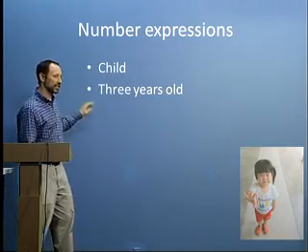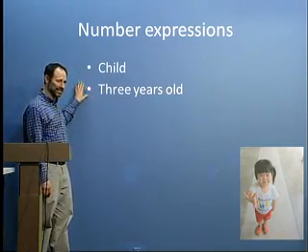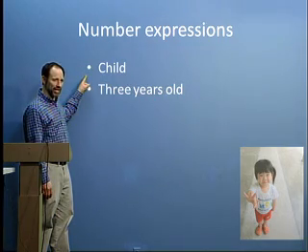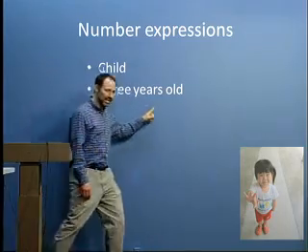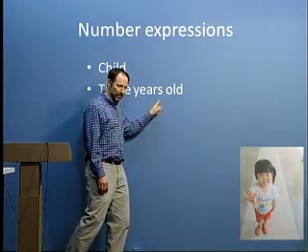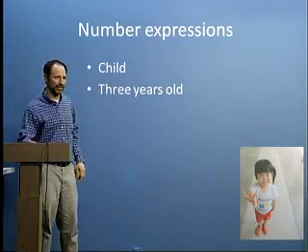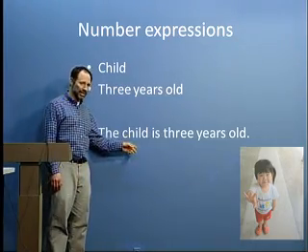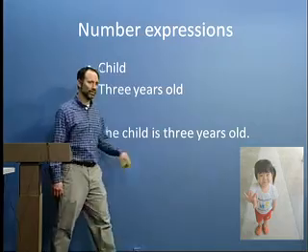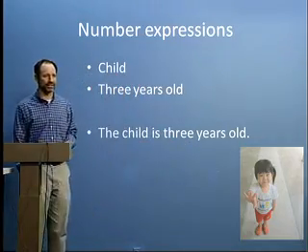One more expression, and this one is especially tricky. Say we have this child here, and this child is 3 years old. "3 years old." That is plural. There's 3 years. So the child is 3 years old. Notice that S on years.